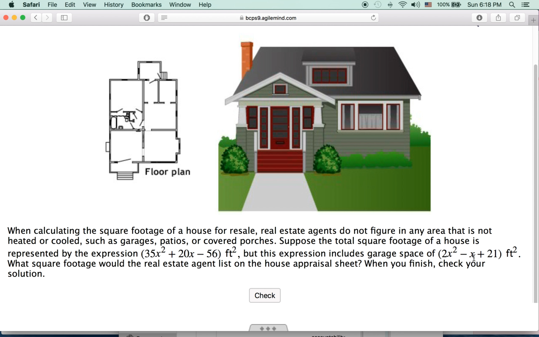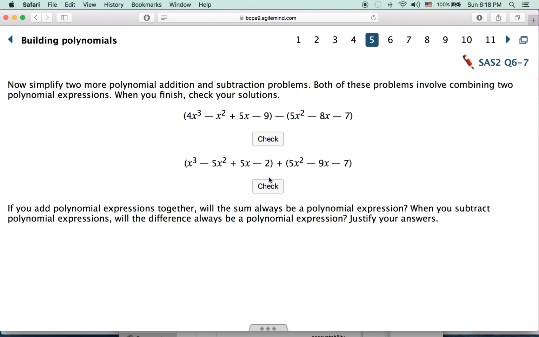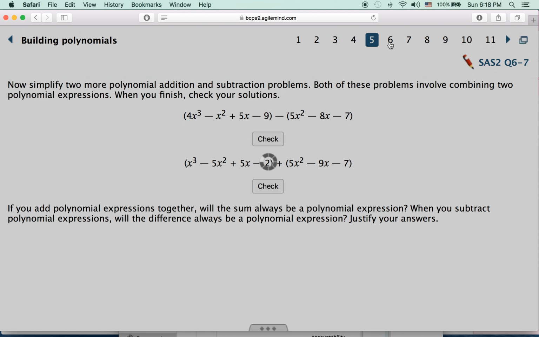And to that you will add the expression for the garage space to get your total square foot value. It should be pretty easy. Okay, also you'll be adding these polynomials. Okay, I think that you will easily be able to do that.